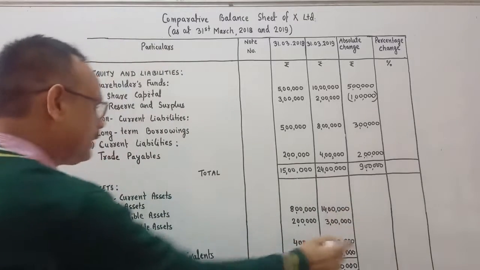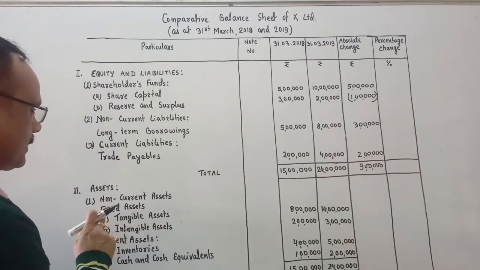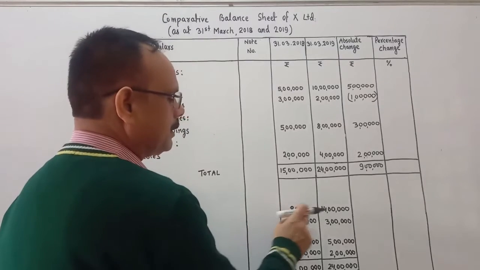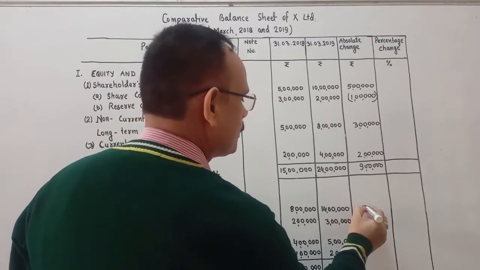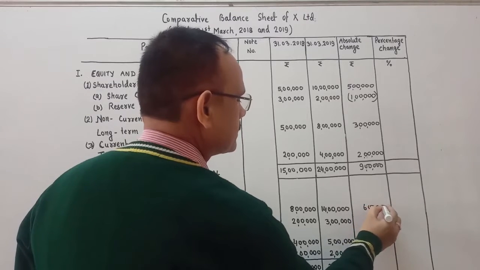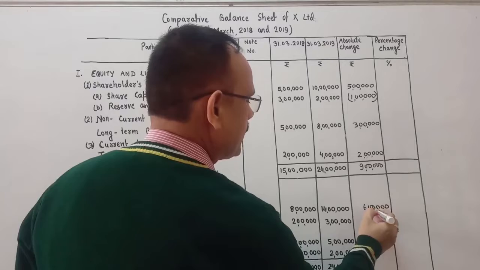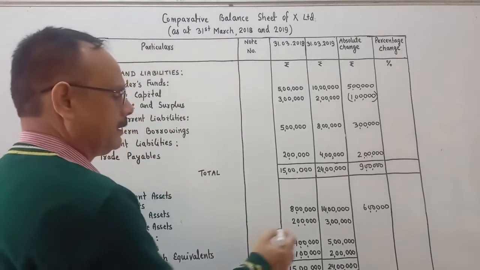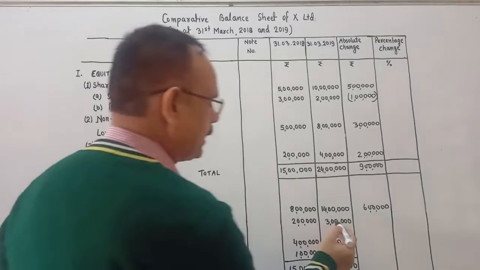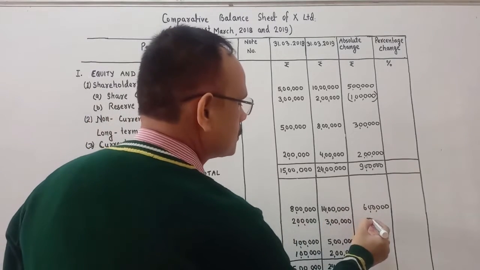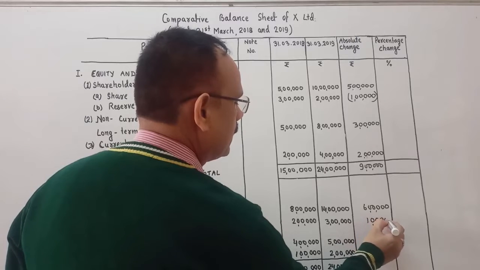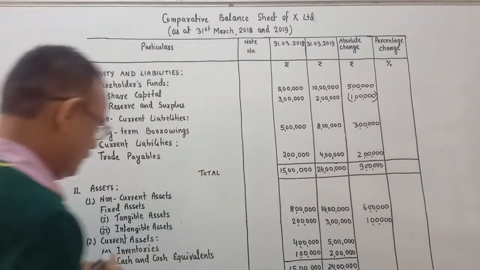Now, do the same thing on the asset side as well. Under the fixed assets, tangible assets, last year it was 8 lakhs, now it is 14 lakhs. So, it is increased by 6 lakhs. Intangible assets was 2 lakh and now it is 3 lakhs. So, it is also increased by 1 lakh. Okay.